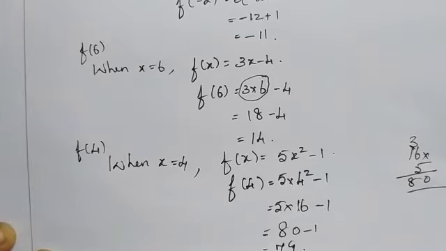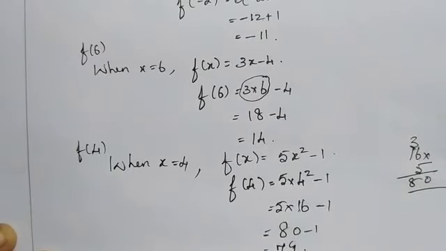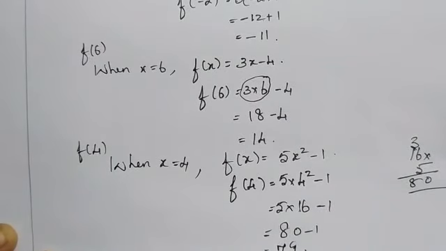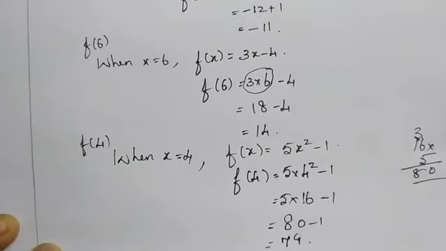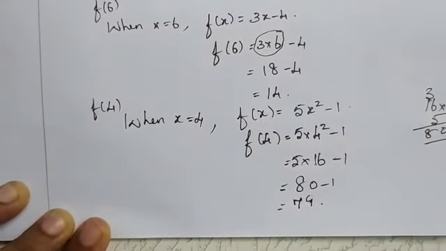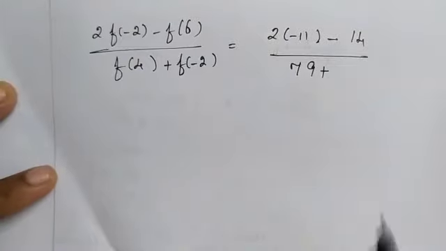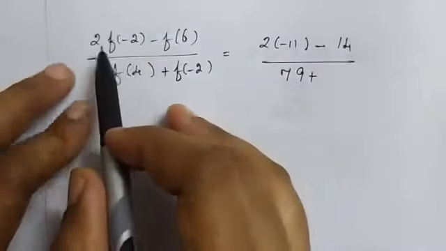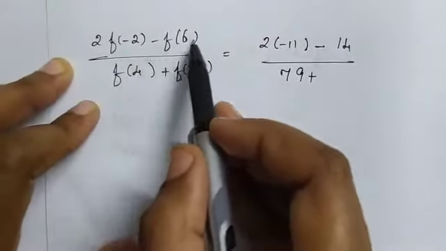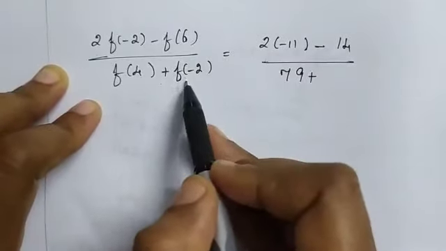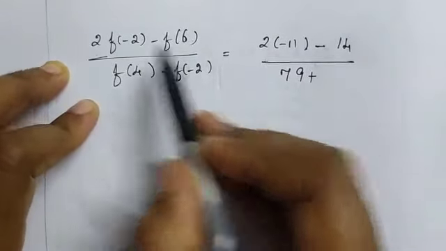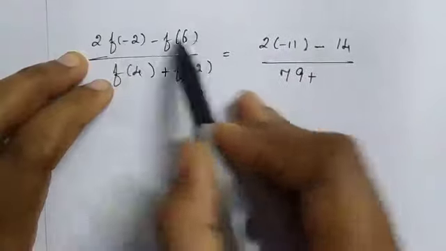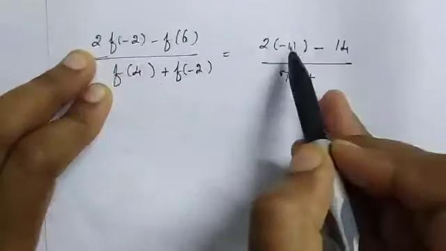Now find the fourth part, that is 2 into f of minus 2 minus f of 6 divided by f of 4 plus f of minus 2. That is equal to 2 into the value of f of minus 2, which is minus 11.